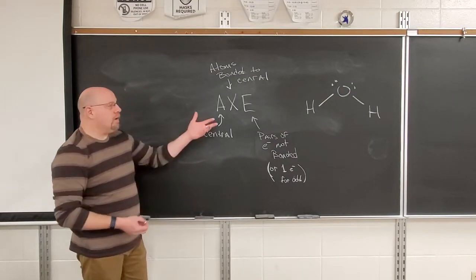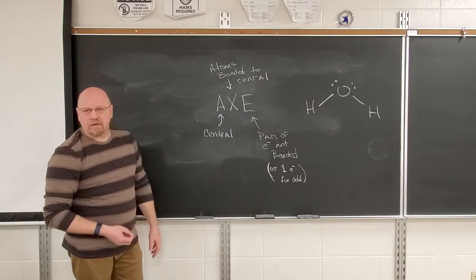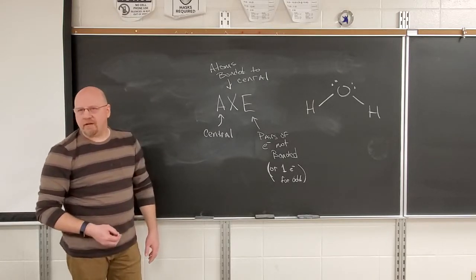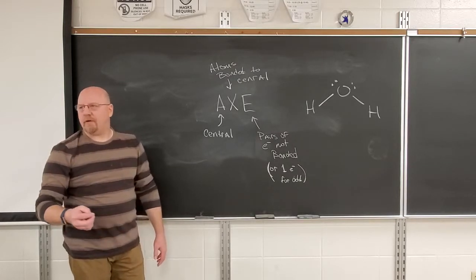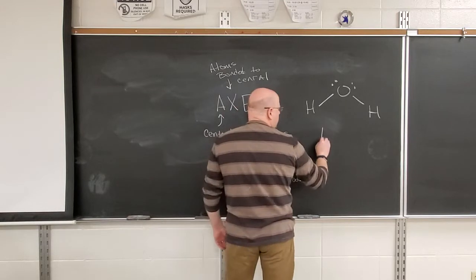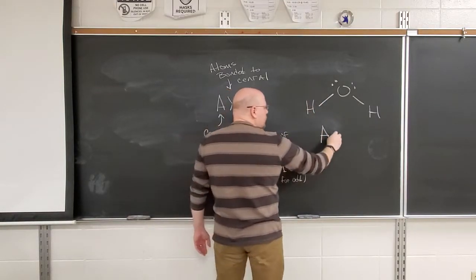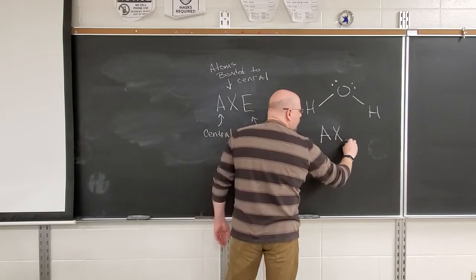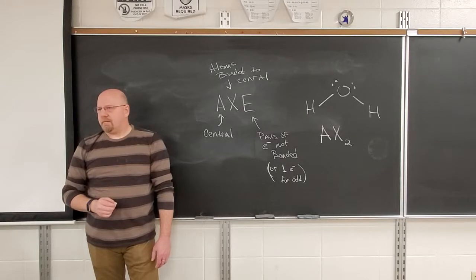Now, for water, you say, oh, this is really simple. You're going to say it in your head because you guys are pretty quiet. My other classes might actually yell it out. For water, the VSEPR notation is AX, and we put as a subscript the number.